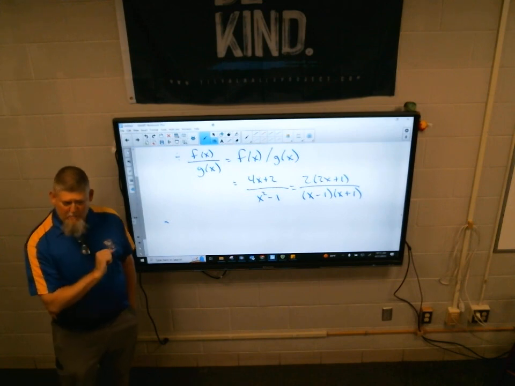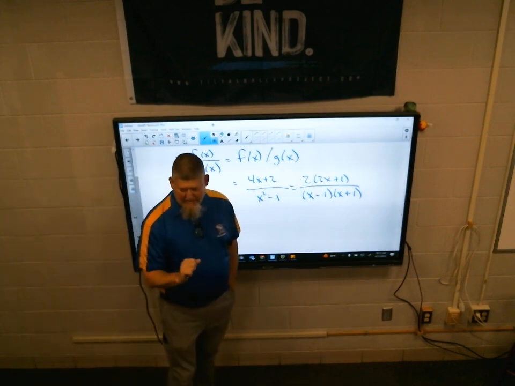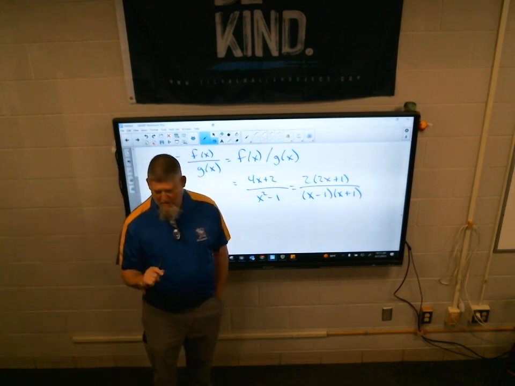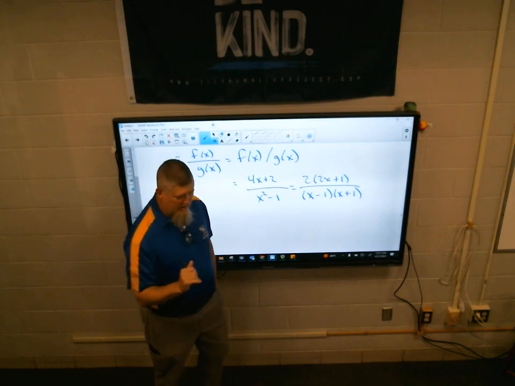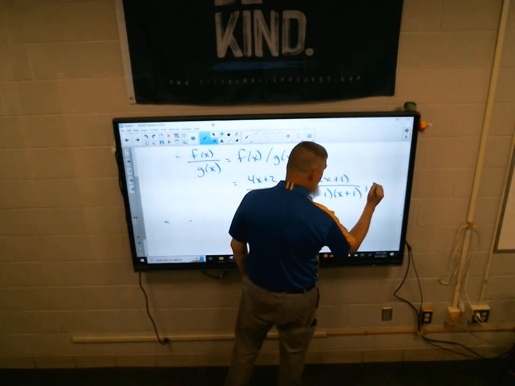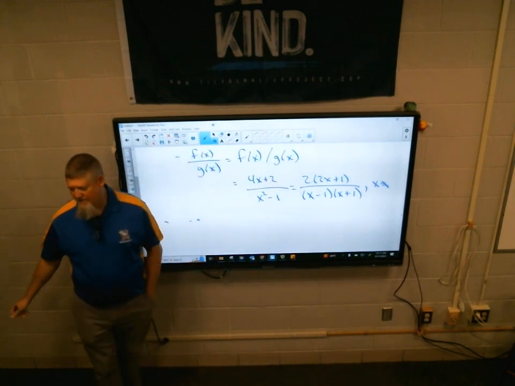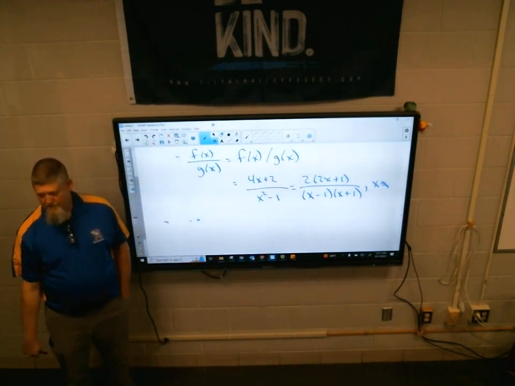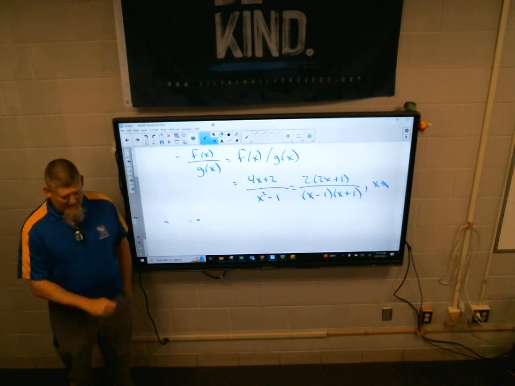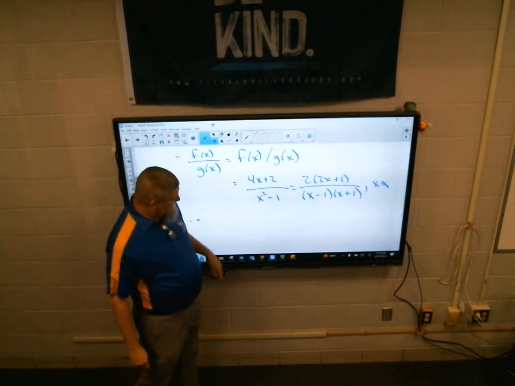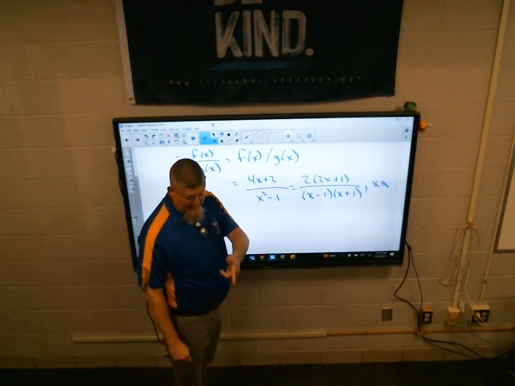So there's one thing I have to put in here. We talked about it yesterday, or the day before, whenever we were here. We have to say that x cannot be equal to what values? There's one thing you have to have. Not 0. 1 and negative 1.